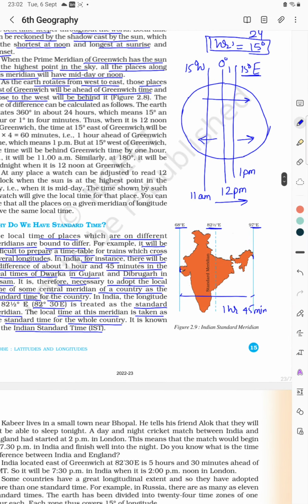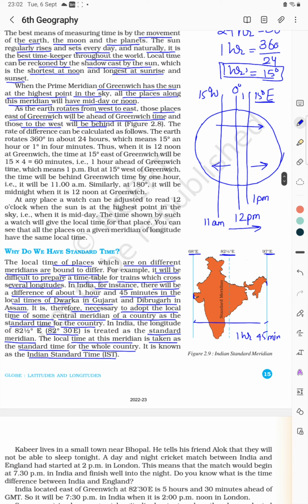Now our standard meridian for India is 82.5 degree, and we know Greenwich is 0 degree. Let me draw one circle again. This is standard meridian, this is India, suppose. Sorry for the figure, I'm just giving you a feel. So this is 82.5 degree east, and this is 0 degree Greenwich meridian.